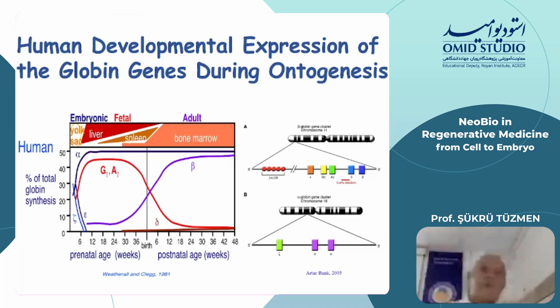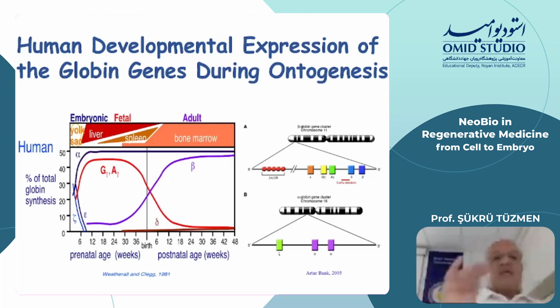Embryonic hemoglobin is hemoglobin epsilon, and then the fetal hemoglobin is hemoglobin F, F for fetus. So 2 alpha and 2 gamma globin chains, as you see G gamma, A gamma over there on the left-hand side, the red colored graphics.